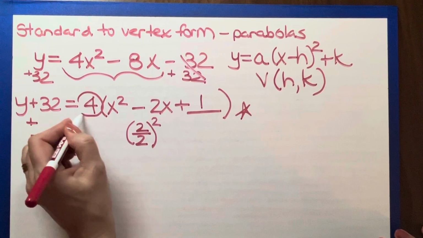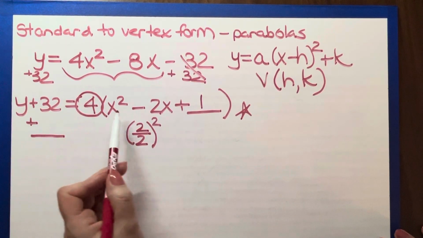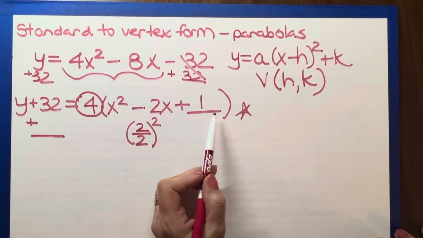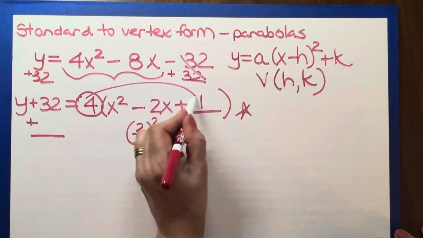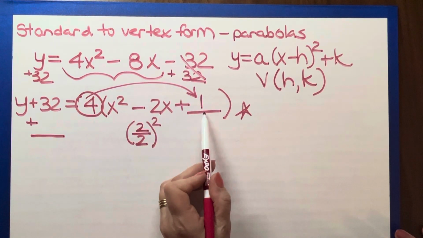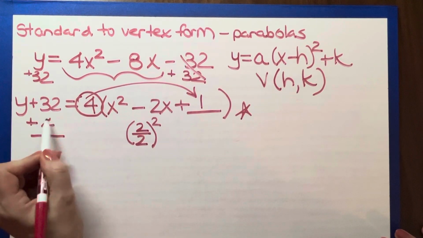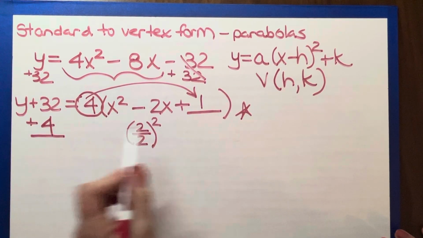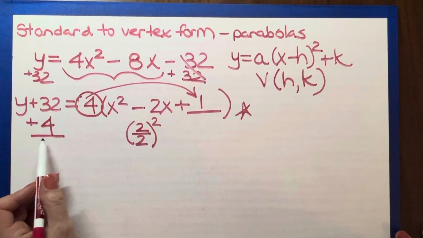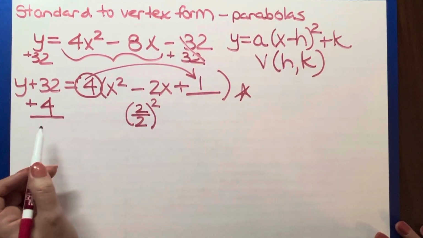Remember this 4 that we factored out? It gets applied to everything that's in the parentheses. So this 4 has to get multiplied by this 1, and that's the value that we add over here. I've really added the equivalent of 4 to both sides, and that's going to keep my equation balanced.